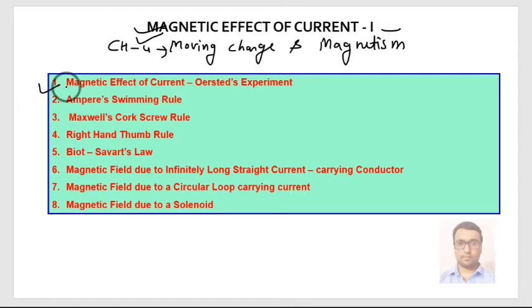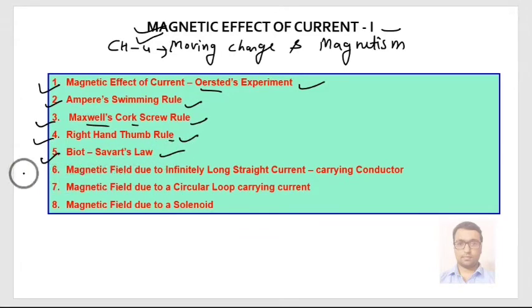In this portion the topics that will be covered are magnetic effect of current, Oersted experiment, then Ampere's swimming law or rule, then Maxwell's corkscrew rule. After that we will learn right hand thumb rule, and then Biot-Savart law.